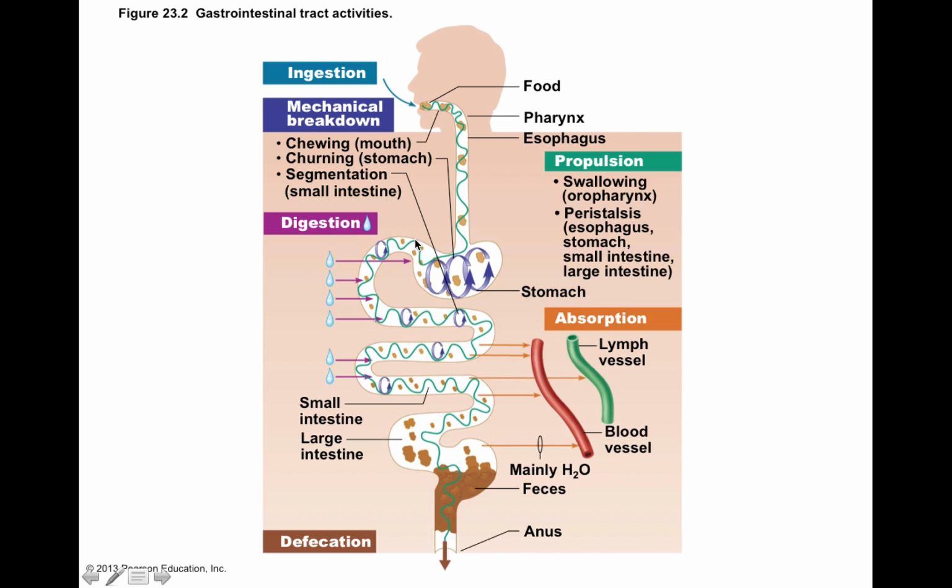In fact, it forms a pretty complex network of twists and turns. So what we need is some help. You can't just jump up and down and hope that your digestive contents get down towards your anus. What you need is propulsion, which is essentially muscular contractions, waves of muscle contractions that help move those digestive materials along to the next part.